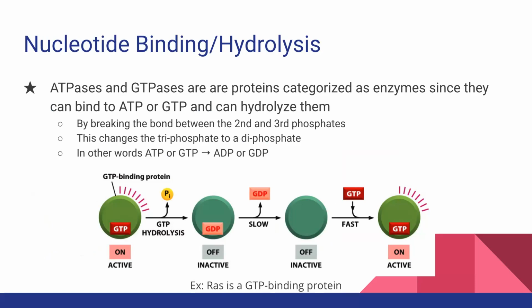It goes from a triphosphate, ATP, to a diphosphate, ADP. We've seen this in the signaling pathways, and we talk about it later on in the class. So it's important to know that this is a method of protein regulation.